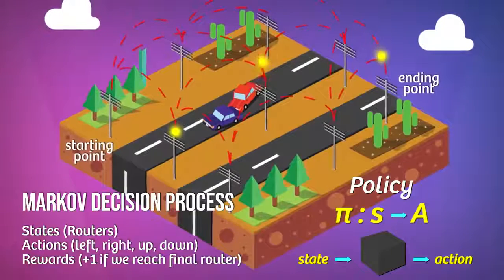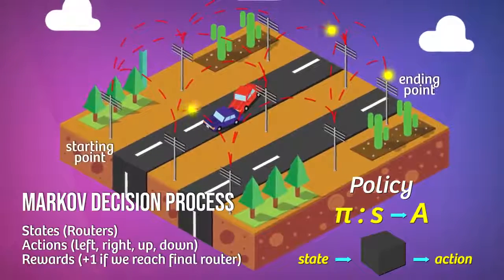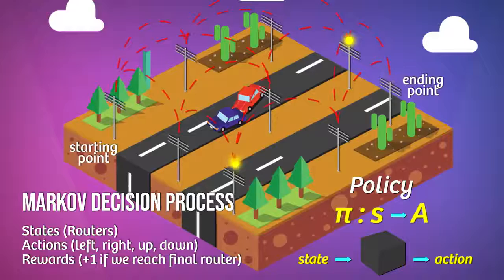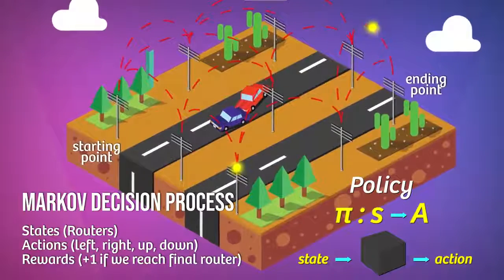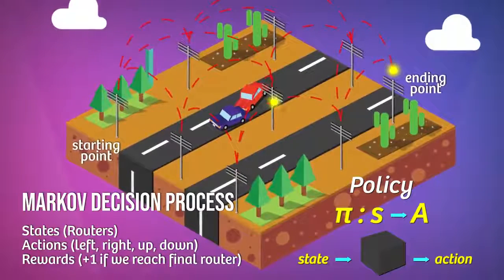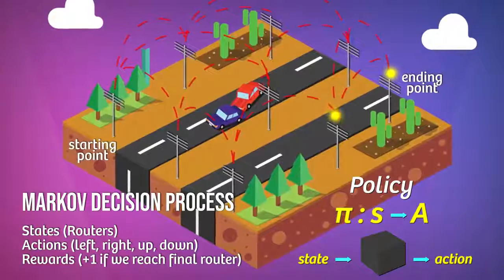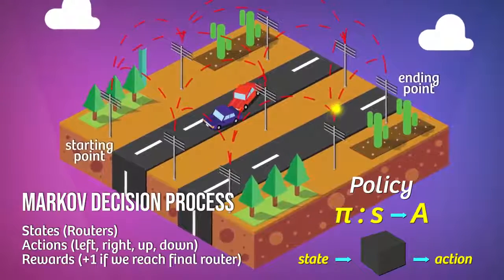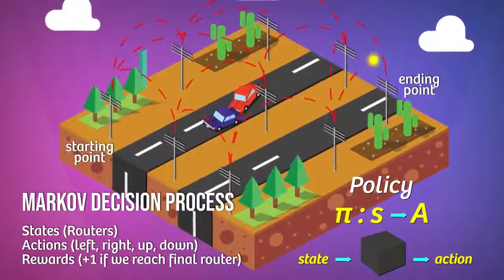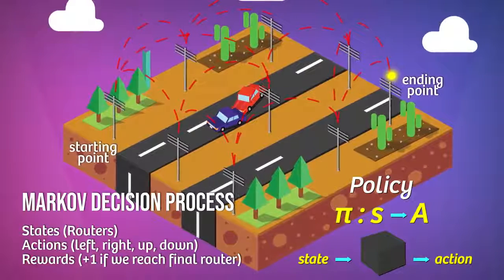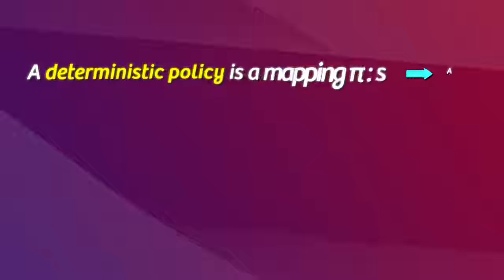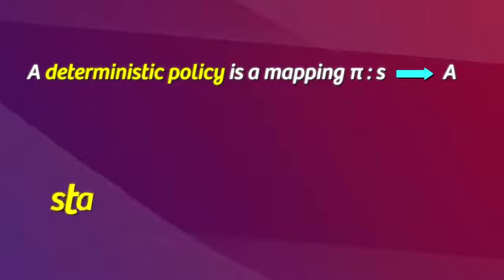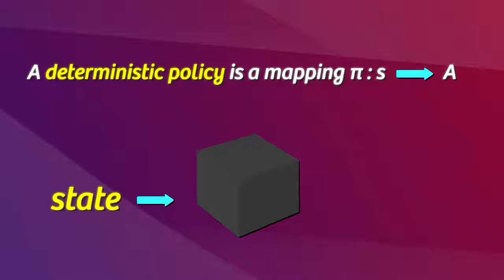This is where the idea of a policy comes into play. The most basic type of policy is a mapping from the set of environment states to the set of possible actions. We can think of a policy like a simple input-output function. Input any environment state, and it will output the associated action that the agent will take. If our agent wants to be able to stay updated on its strategy, it needs to specify this mapping.